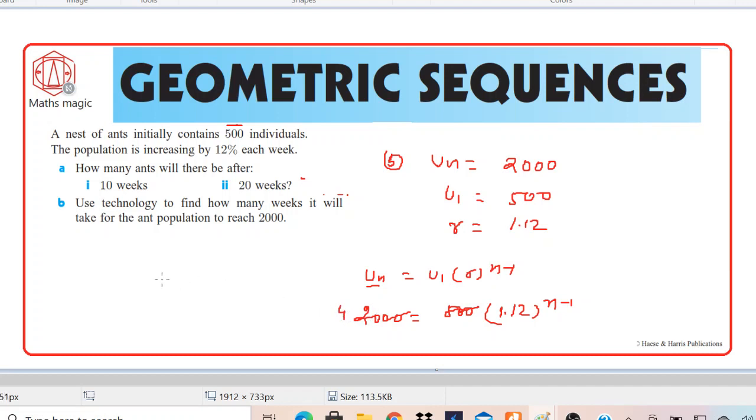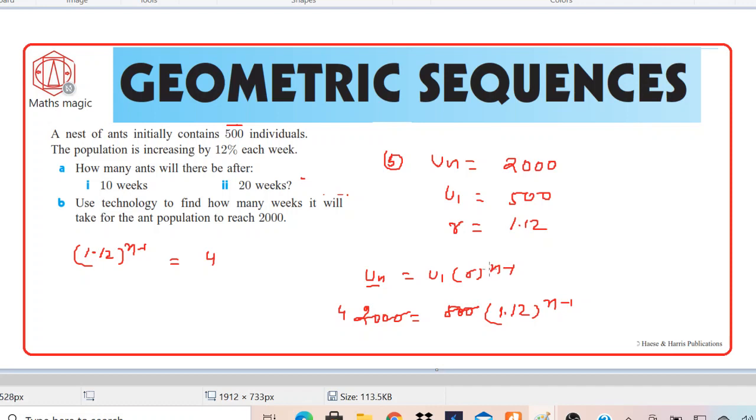It's 4, so we got 1.12 to the power n minus 1 is equal to 4. Okay, you know that this n which you will get here is actually giving you the number of terms, not the weeks.